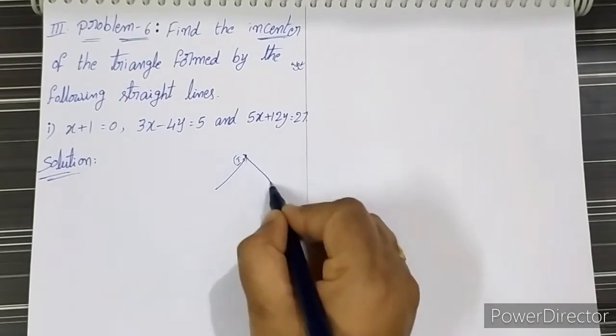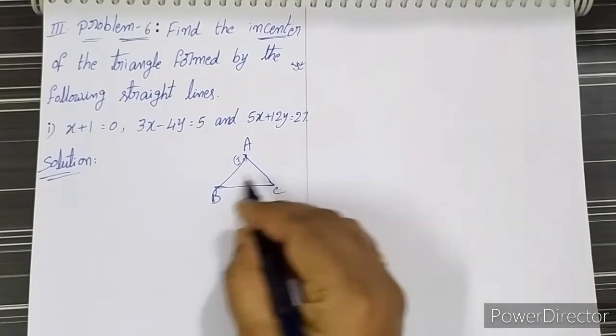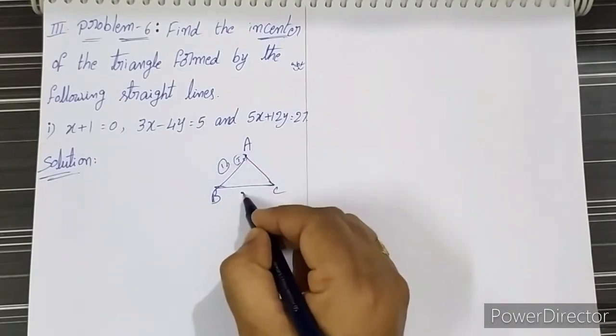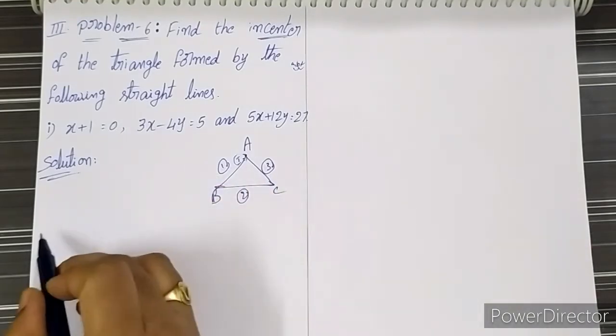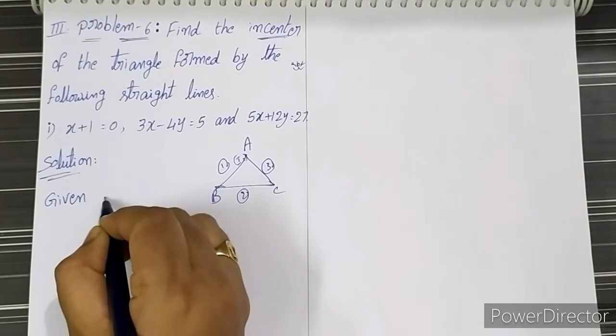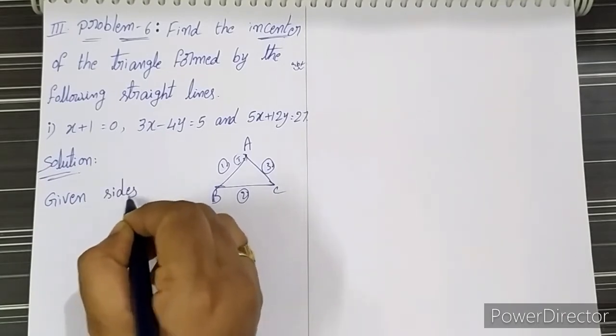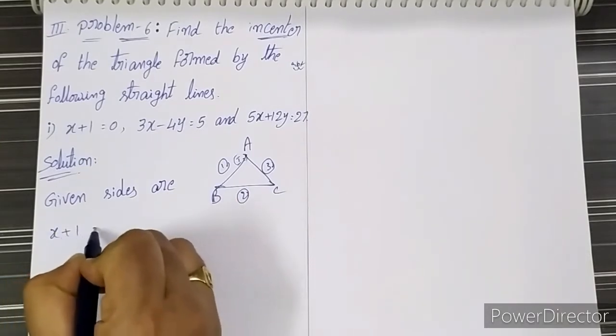Let the given triangle be ABC. This is the first equation, second equation and third equation. The given sides are x plus 1 equal to 0.